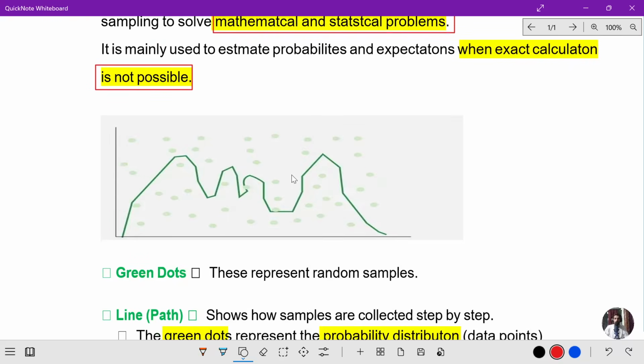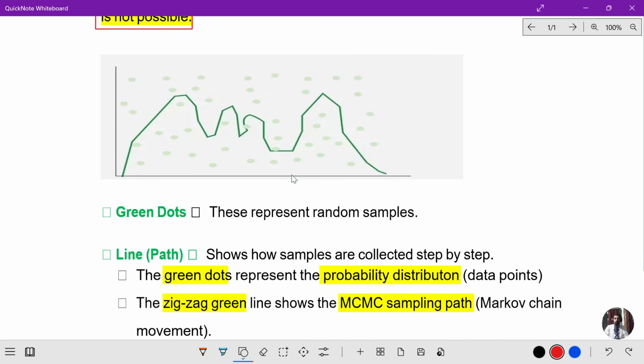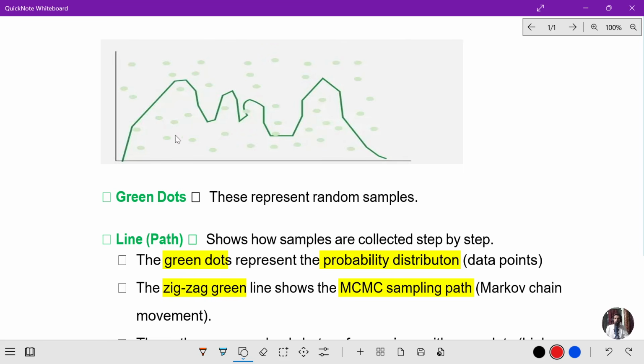You can observe there is a graph on the screen. It contains dots as well as a path. Observe the meaning of the green dots. The green dots represent random samples.